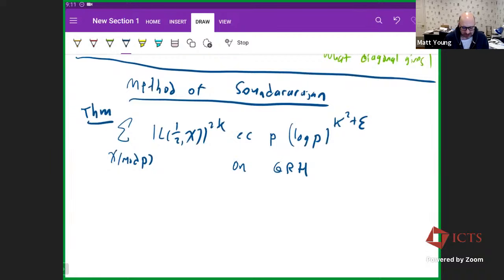I don't want to go into the details of how this method works, but I just wanted to advertise it since we're talking about lower bounds, and also there's a later theorem of Adam Harper, which removed the epsilon.